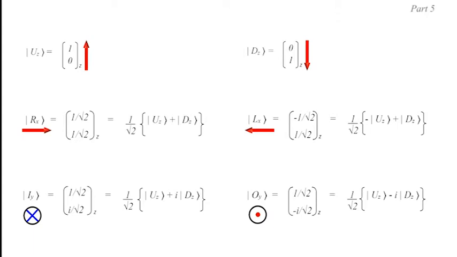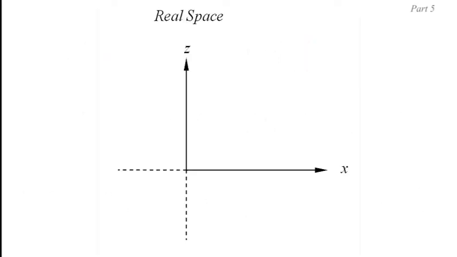In fact, this idea of the column of two numbers representing what I probably shouldn't call upness and downness in the z direction can be used to write down any definite state of the electron in any direction of real space, not just the x and y directions. So even though we're using what I might call the z system, we can use this to represent spins pointing in any direction in real space.